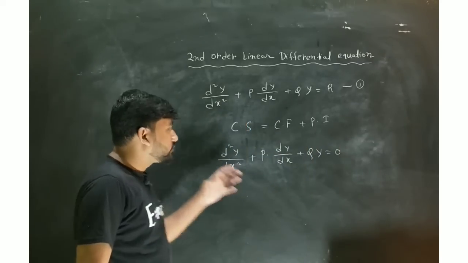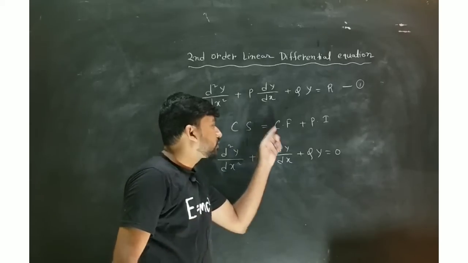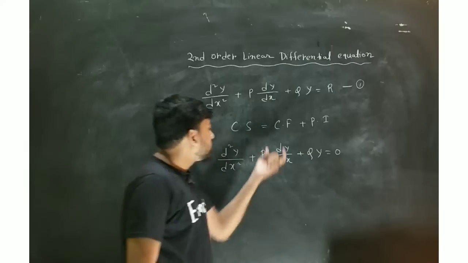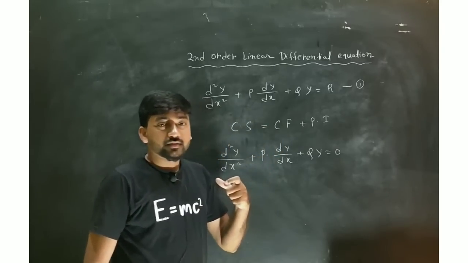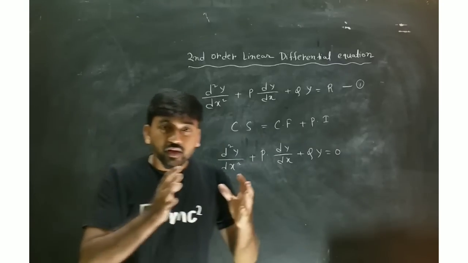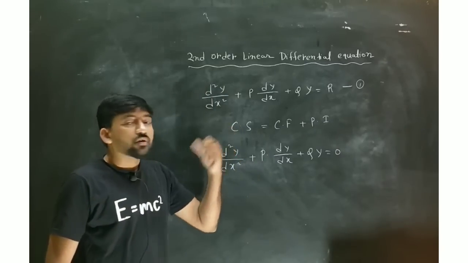When you solve this equation, you will get the value of y, which will be the complementary function. In this class I will discuss only the complementary function, and in the next class I will discuss the particular integral, and then we will add these two, the complementary function and the particular integral, and you will get the complete solution.